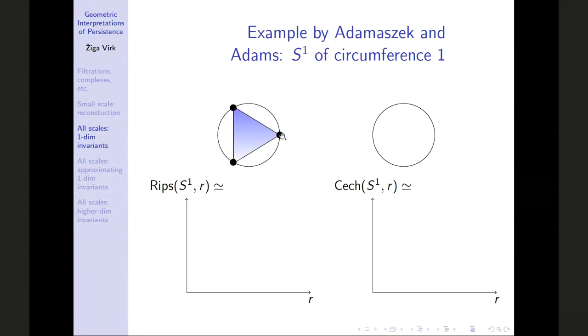By the way, these 3 points are a set of diameter 1/3. It's a maximal set of diameter 1/3. Whatever other point you add, you're going to increase the diameter. If you take a maximal set of diameter less than 1/3, it will always be an interval, but at 1/3, you're going to reach across. And it turns out that at this scale, you actually kill off this one-dimensional homology.